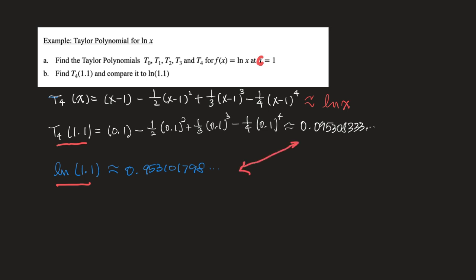Then why are they different? Because the ln function is represented by a Taylor series, but we only take degree 4, the 1, 2, 3, 4 terms. That's why they are different, but as you see, they are very close. So ln 1.1 is approximated by T4 at 1.1, the Taylor polynomial with degree 4.